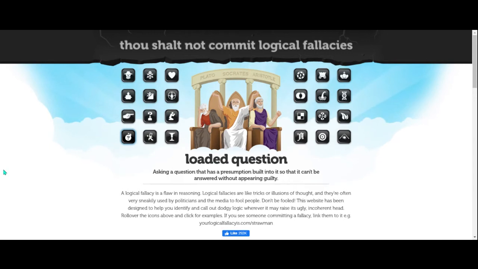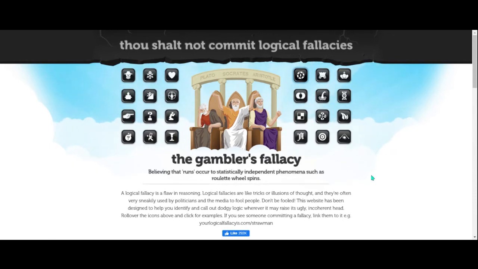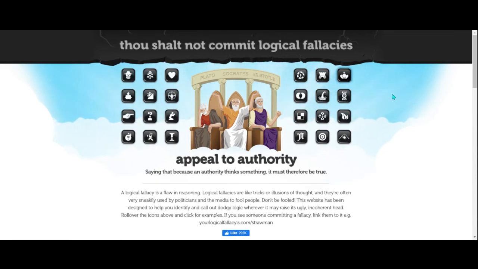We have a complete list here of 24 fallacies, and we're going to take a look at some of the more commonplace ones, ones that you want to avoid.